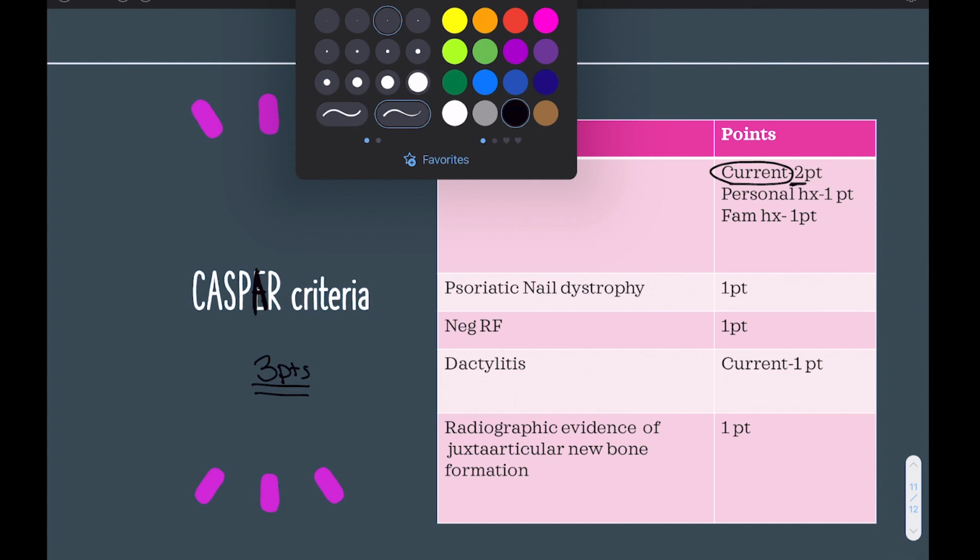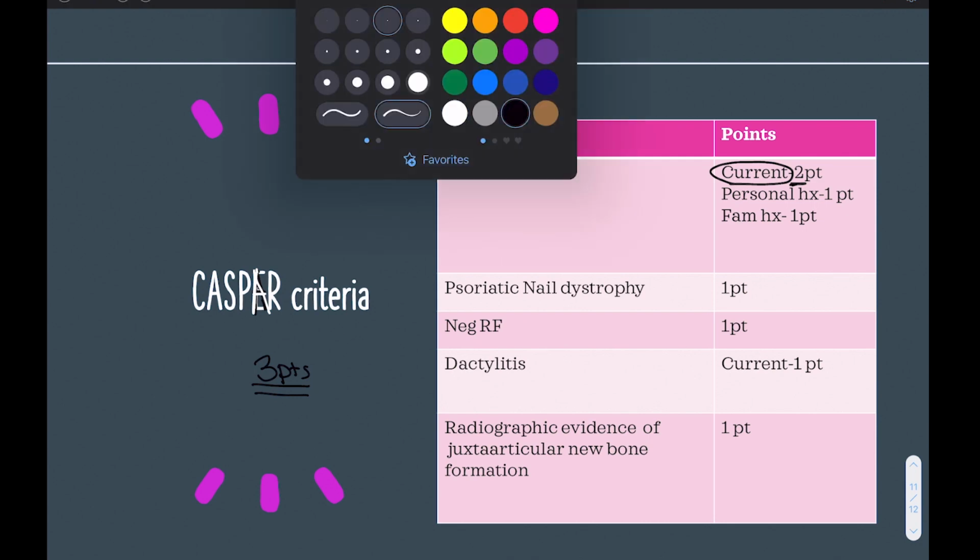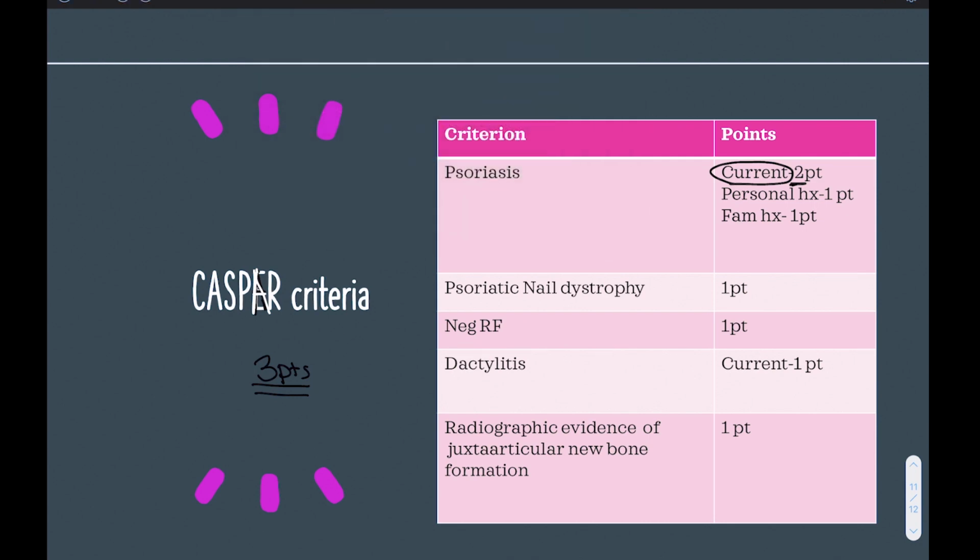Negative rheumatoid factor gets you a point, and any testing is accepted except latex, with preference for ELISA or nephelometry. Dactylitis gets you a point, and it doesn't matter if it's current or just a history of it. However, a history of dactylitis has to be according to a rheumatologist, and it doesn't get a point if the patient just tells you that his or her digit looked like a swollen sausage.